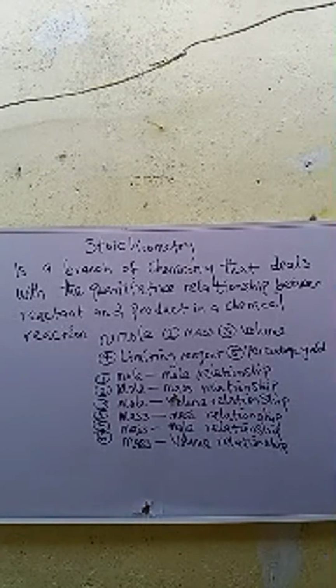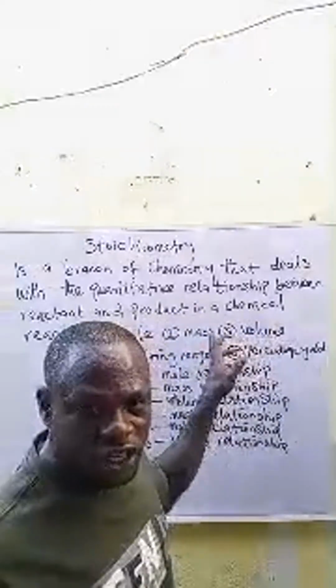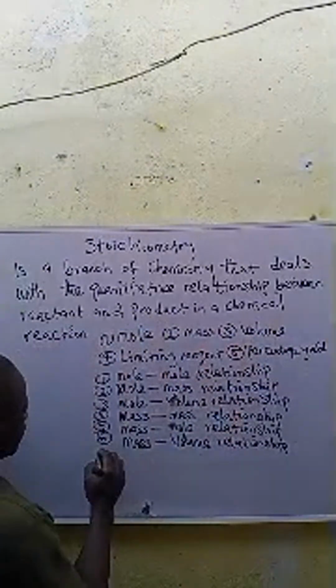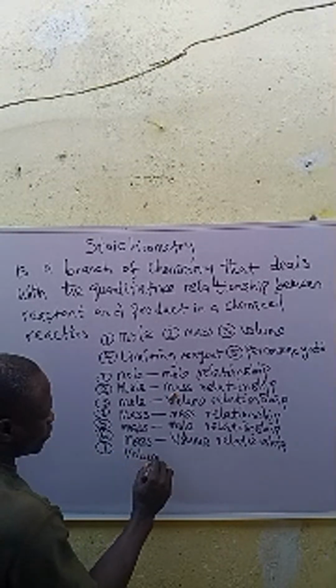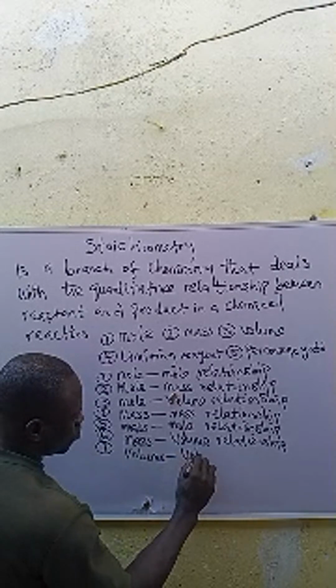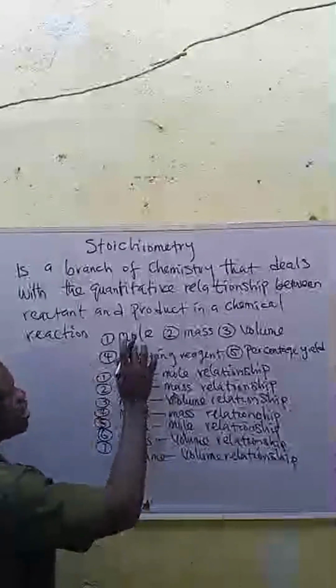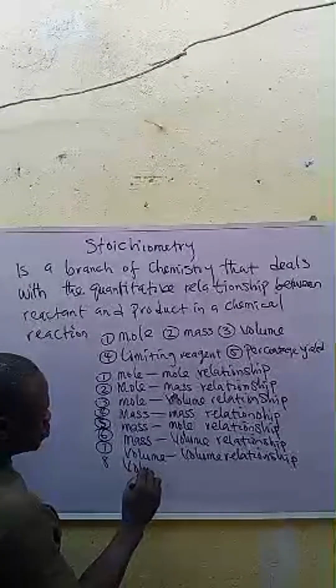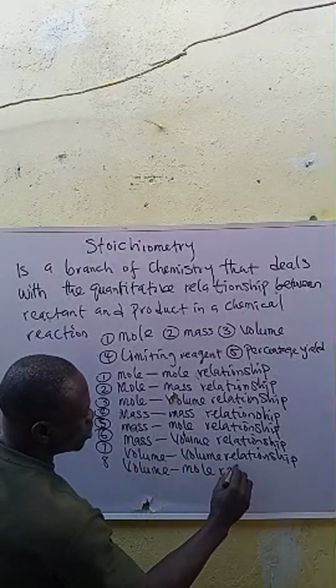Now, as we proceed, volume also has a relationship with these. We have 7: volume has a relationship with itself. We call it volume mole relationship.